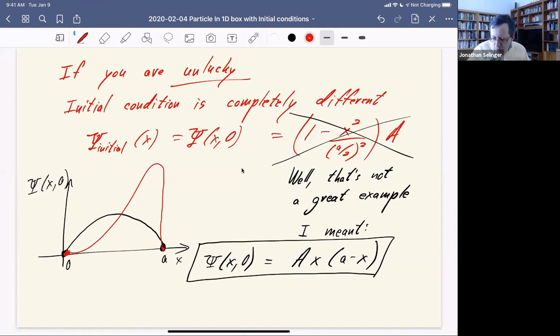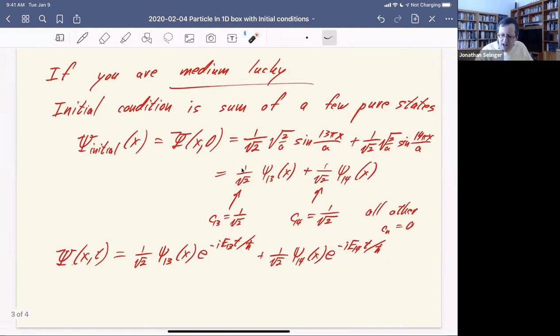Okay, so if you look at a function like this, you say, oh, it's not a sum of sines, right? The separable solutions. But if only we could write it as a sum of sines, then we would know what to do. If only we could write it as a sum of sines, then we could do this medium lucky case, okay?